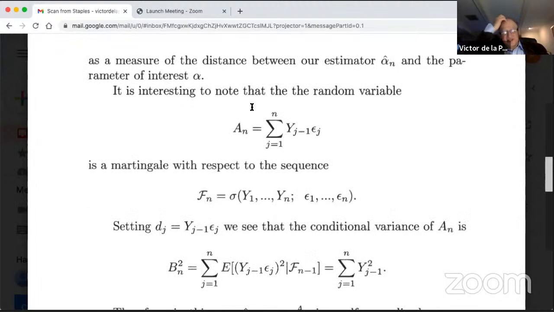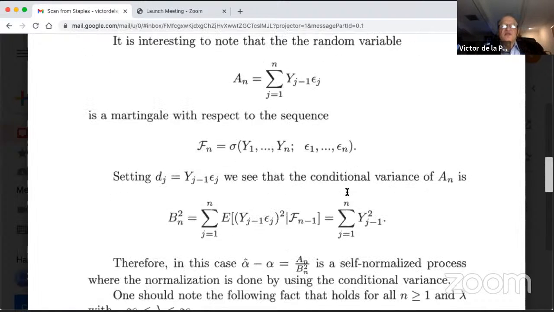Now, of course, there's a very long history of autoregressive processes, and this is not supposed to supersede that. It's just an example. So we let An be the sum of yj minus 1 epsilon j, and Fn is the sigma field generated by the y's and the epsilons.